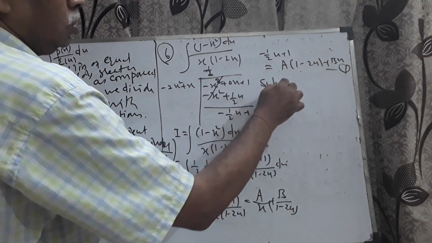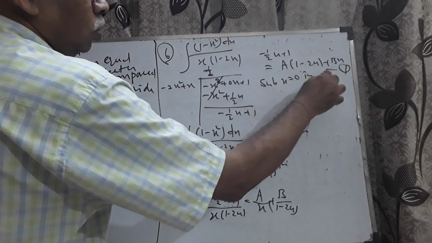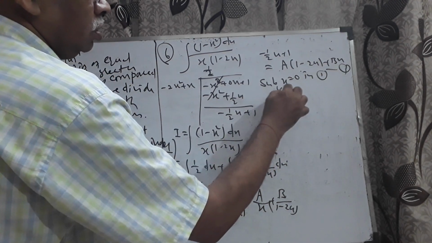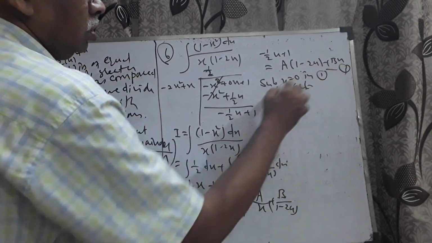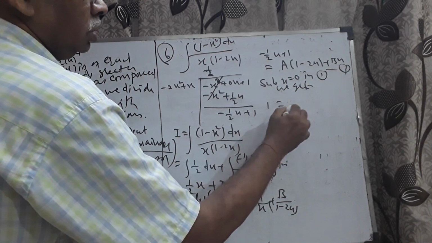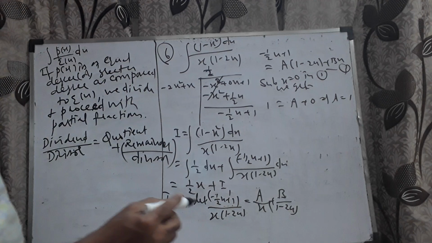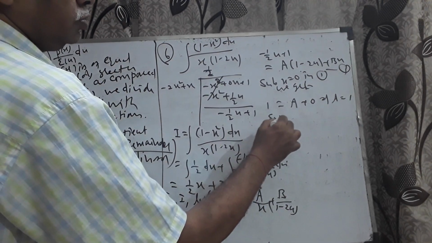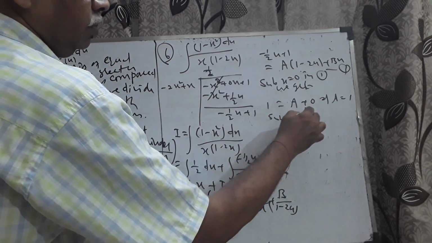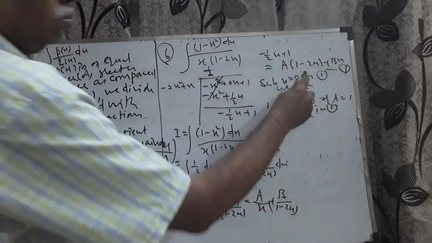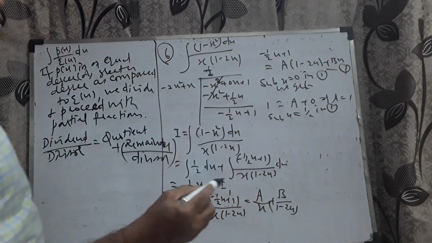Now substituting x equal to 0 in 1, what do I get? We get 1 is equal to a plus 0, which will give you a is 1. Substitute x is equal to half in 1. You mean to say 1 minus 1, this will become 0.